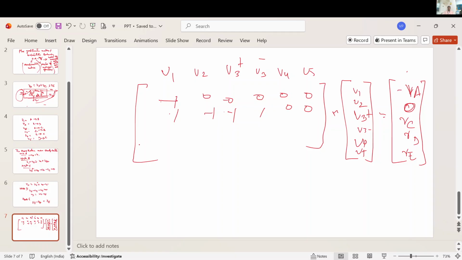Similarly, for the third one, the coefficients are 0, 0, 1, minus 1, 1 and 0.